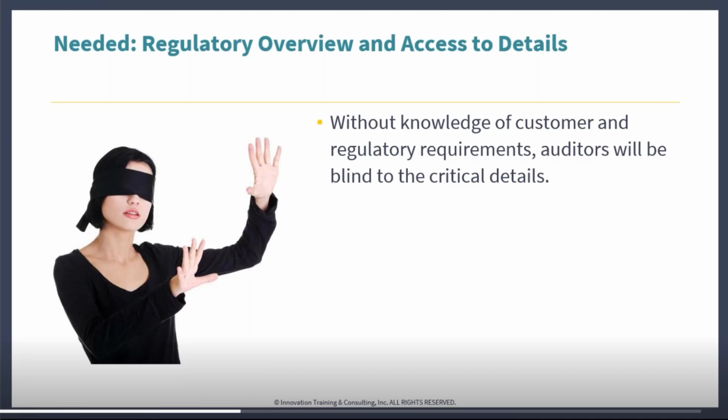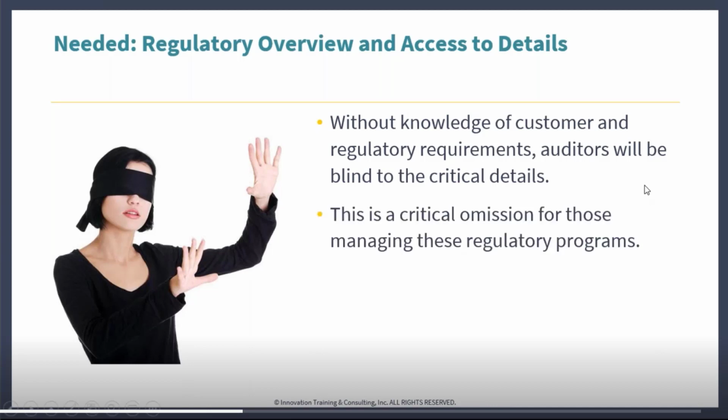If you are the designated felon, the person who would go to jail if these programs are not properly rolled out, you want to know. If there's something going on that's wrong, you want to know. I would say one of the strongest reasons people don't want to do integrated audits is that they feel like the auditors are missing critical problems and they don't trust the audit results.